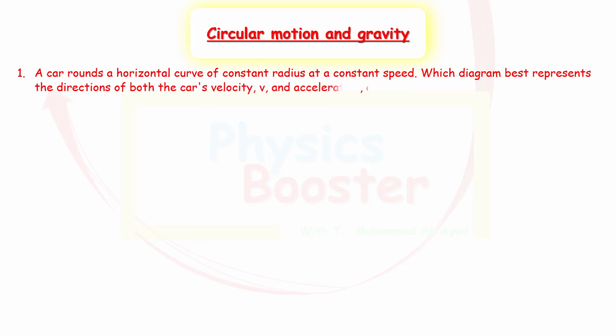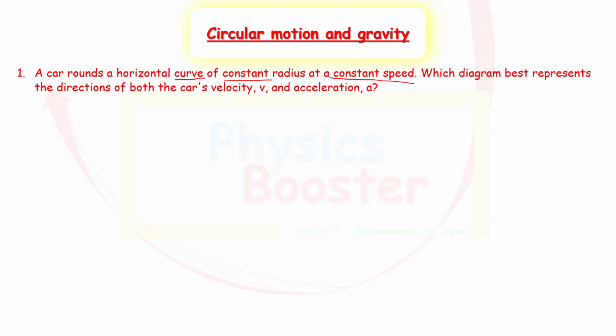A car rounds a horizontal curve of constant radius at a constant speed. Which diagram best represents the direction of both the car's velocity and acceleration? In other words, it's saying that a car rounds a horizontal curve, so it's a circular motion, at a constant radius with a constant speed. In other words, the object is going through a uniform circular motion, and as we mentioned before, we are going to cover only uniform circular motion.